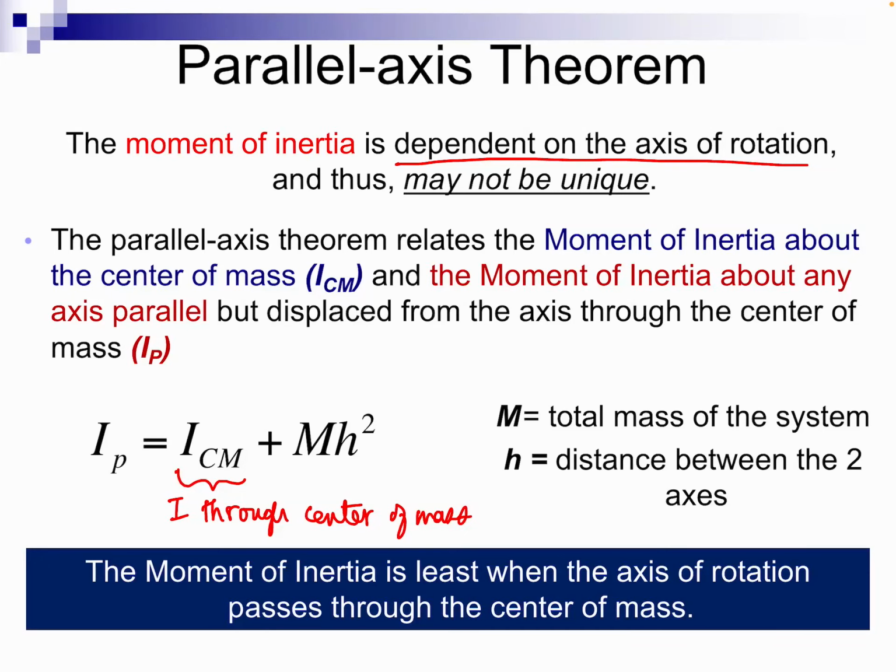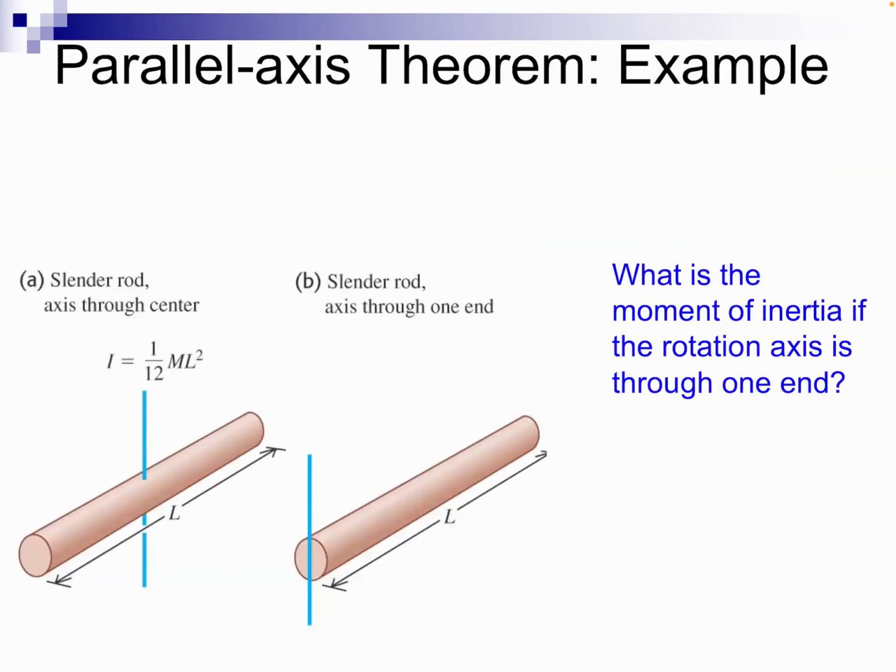So how do we apply the parallel axis theorem? Let's look at this example. This is the rod. The moment of inertia, if we rotate this rod through the center of mass, which is at the geometric center, is 1/12 times the total mass times the length of the rod squared. What will be the new moment of inertia if we move the rotation axis to one end of the rod?